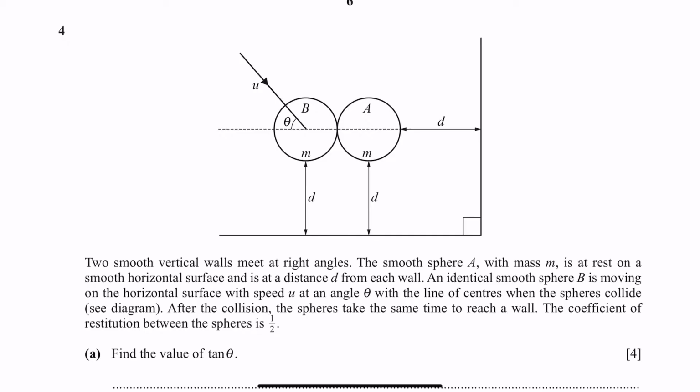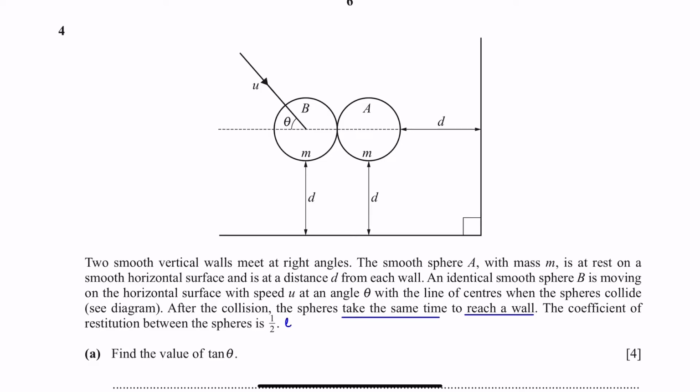Question 4. So we have two spheres, and A is at rest, B is moving in this direction. So after the collision, they take the same time to reach a wall, and the coefficient of restitution is 1 over 2.